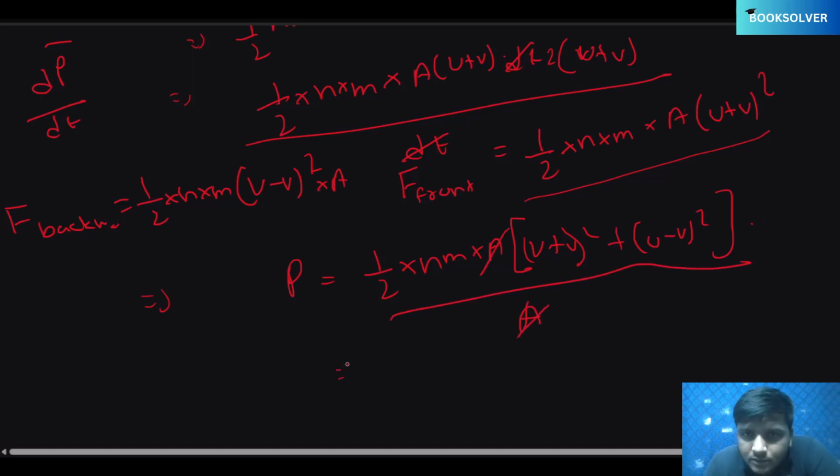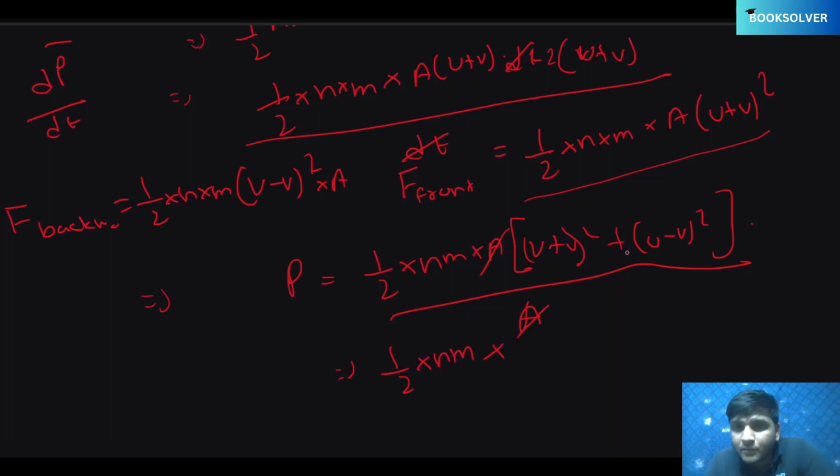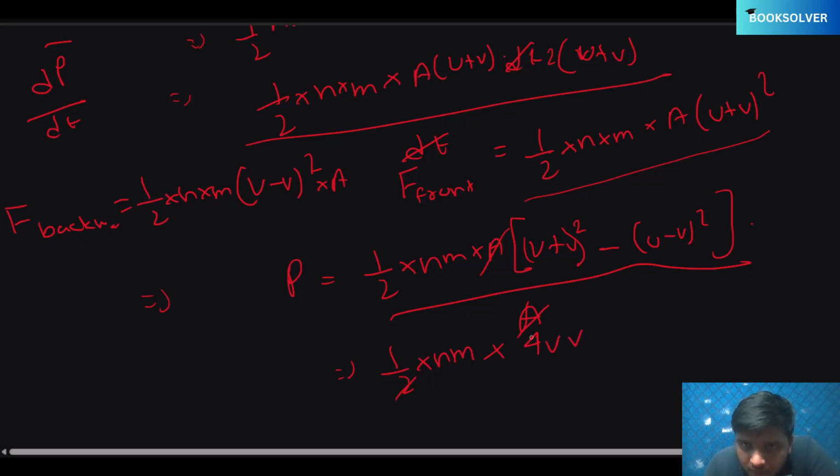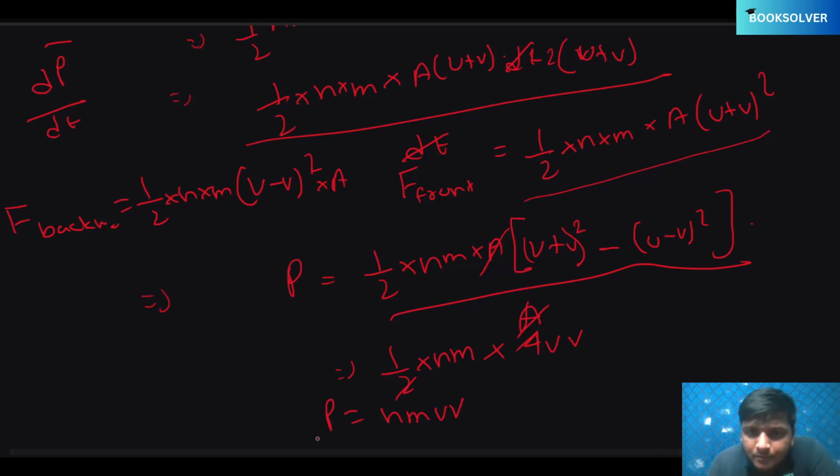We cancel all this, so we will get half into n into m into what is a plus b square. Oh, sorry, they are opposing forces, so I have to subtract them. Minus. So what is (a plus b) square minus (a minus b) square? We will get nothing but 4ab, that is 4 times uv. If we cancel it, so this is the net pressure, n m u v.